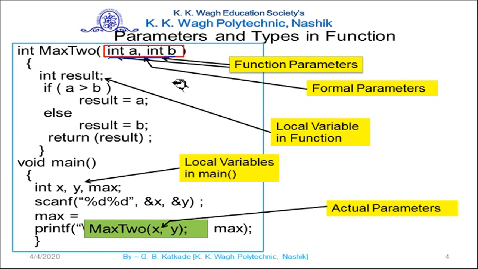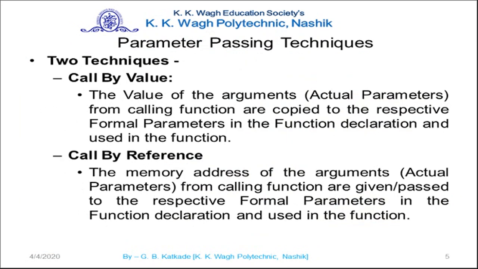In other words, all parameters given in the function declaration are also local variables for the function and can be used within it. Our focus is on the types of parameters and how the functions use them.